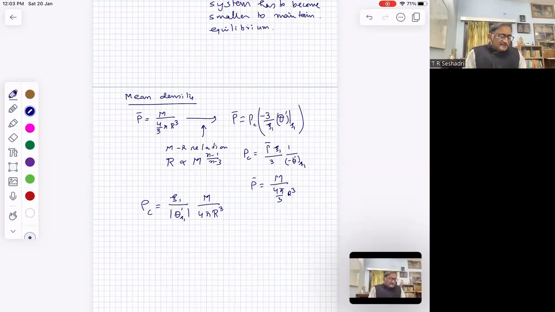So from the mass and the radius, and if we know the polytropic index of the system, I can find out the central density of the system.